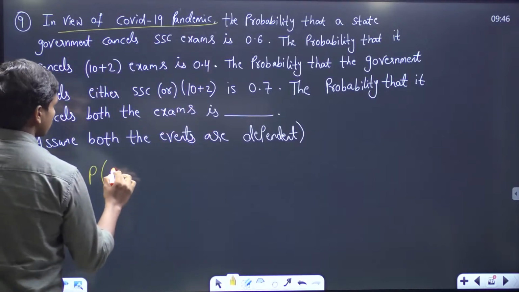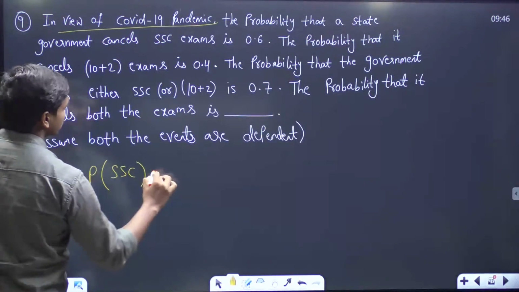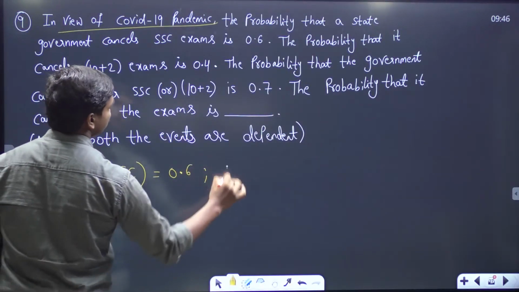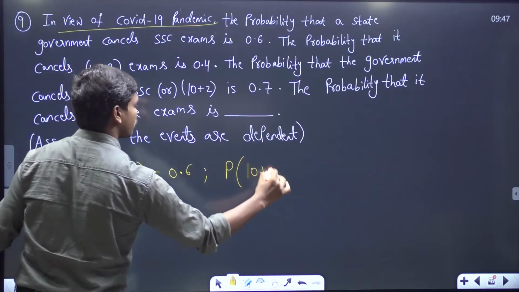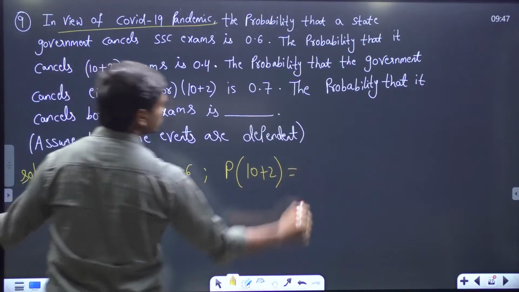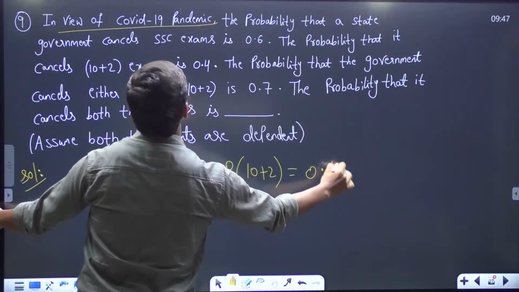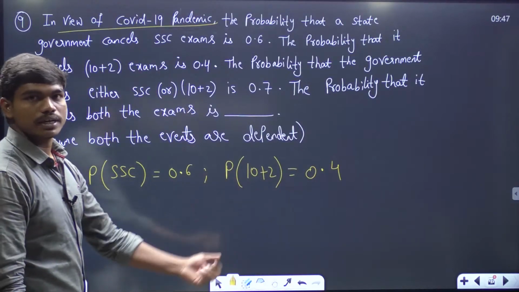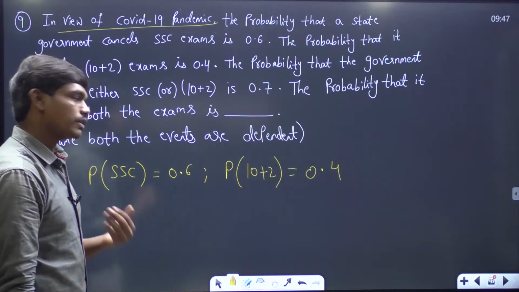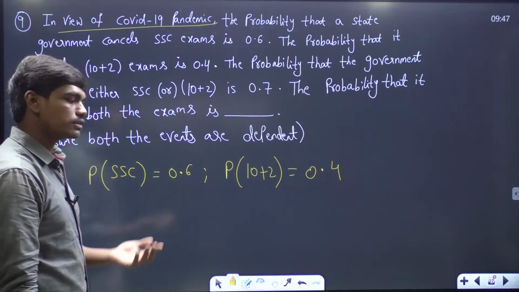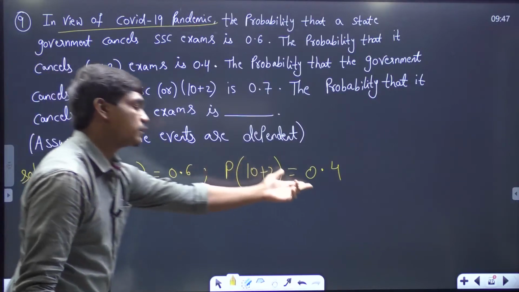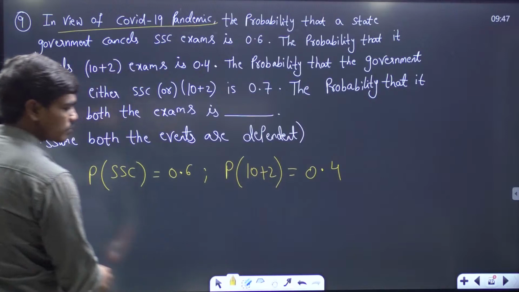So see here, probability of SSC cancelled is equal to 0.6, and probability of +2 exams getting cancelled is 0.4. Okay, because generally, probability of cancelling inter exams will be less, because for engineering people move across the states, but for +2 they generally lie within the same state, so probability to cancel this will be less.